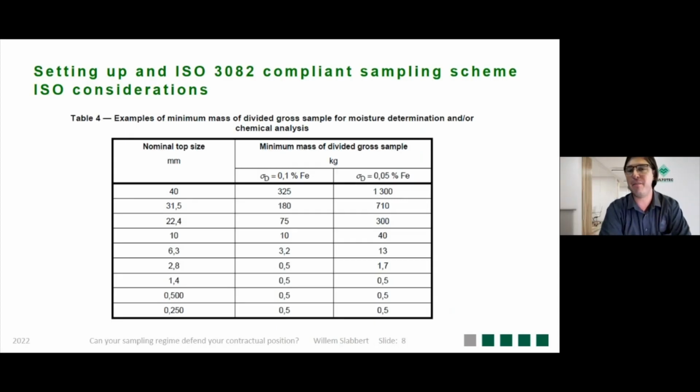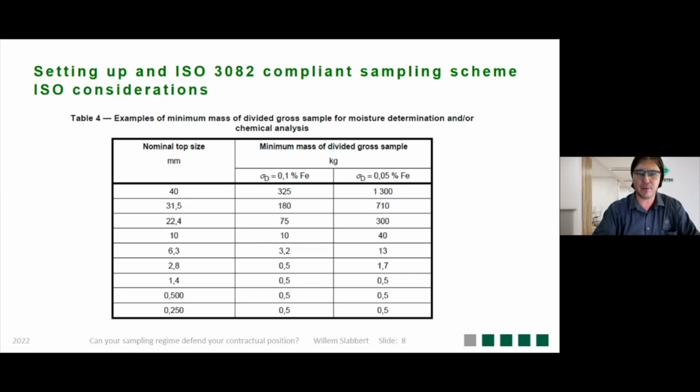There is, however, a parallel requirement, and that is the mass of sample required, not only the number of increments, per particle size fraction in order to give us a certain level of standard deviation compliance.